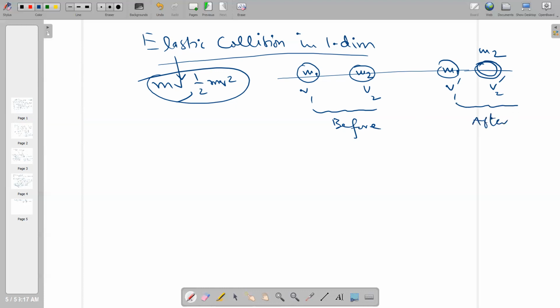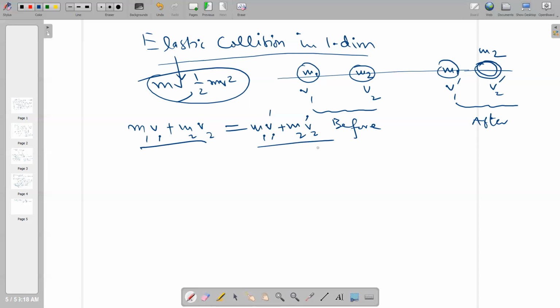I will write the equation before collision. Total momentum before collision means m1 v1 plus m2 v2. This is equal to total momentum after collision, m1 v1 dash plus m2 v2 dash.